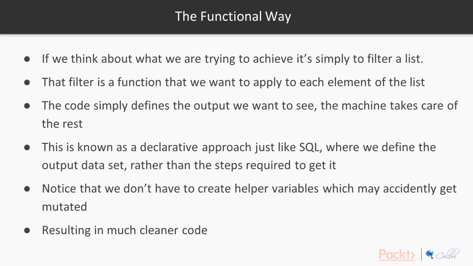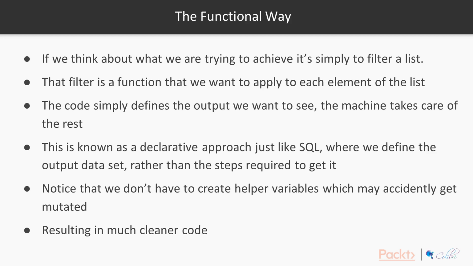Now, thinking about this the functional way, if we think about what we're trying to achieve, it's really simple actually. We just want to filter a list. We don't care about iterating over every element. We don't care about all the other stuff that goes on. All we want to do is filter a list. And that filter is a function that we want to apply to each element of our list.